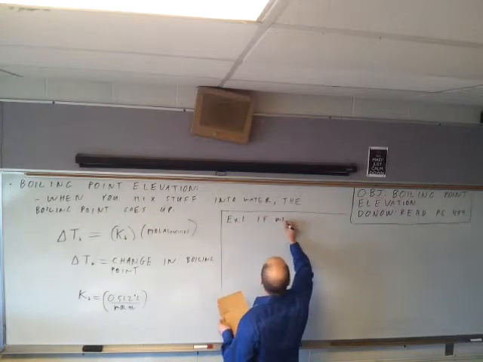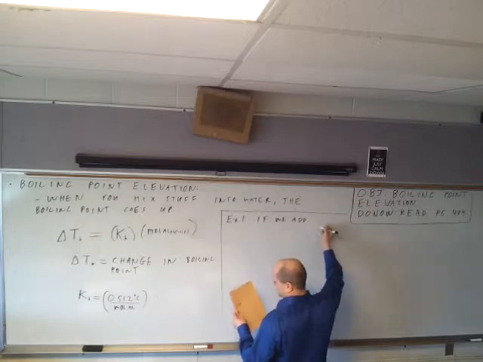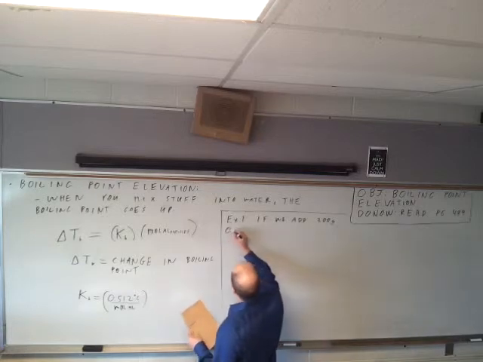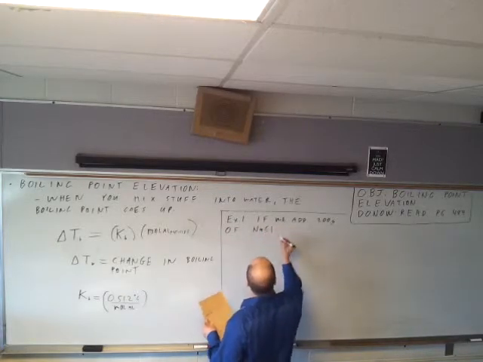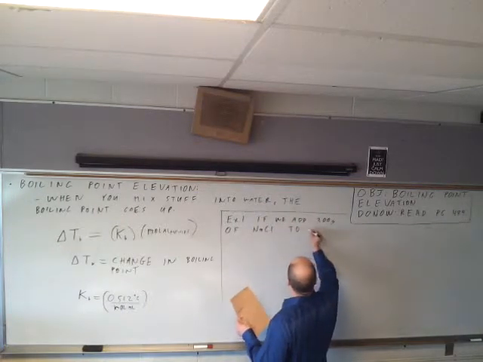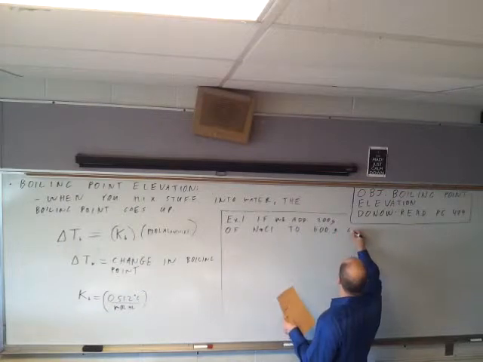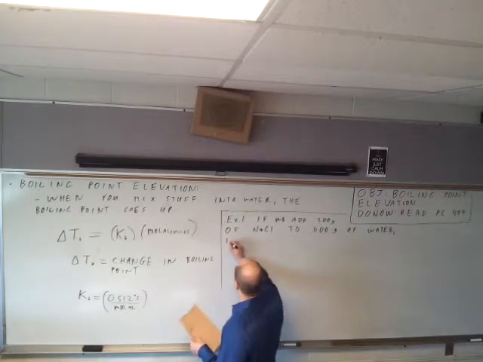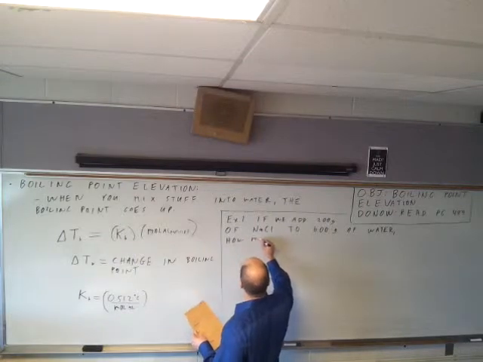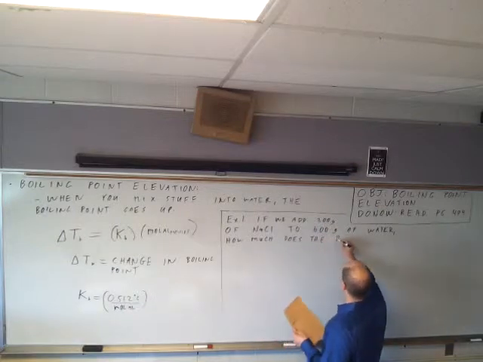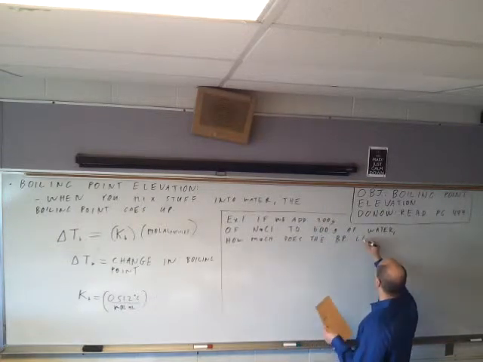If we add 200 grams of sodium chloride, seems like I always use table salt, I don't know why, to 600 grams of water, how much does the boiling point, or BP, go up?